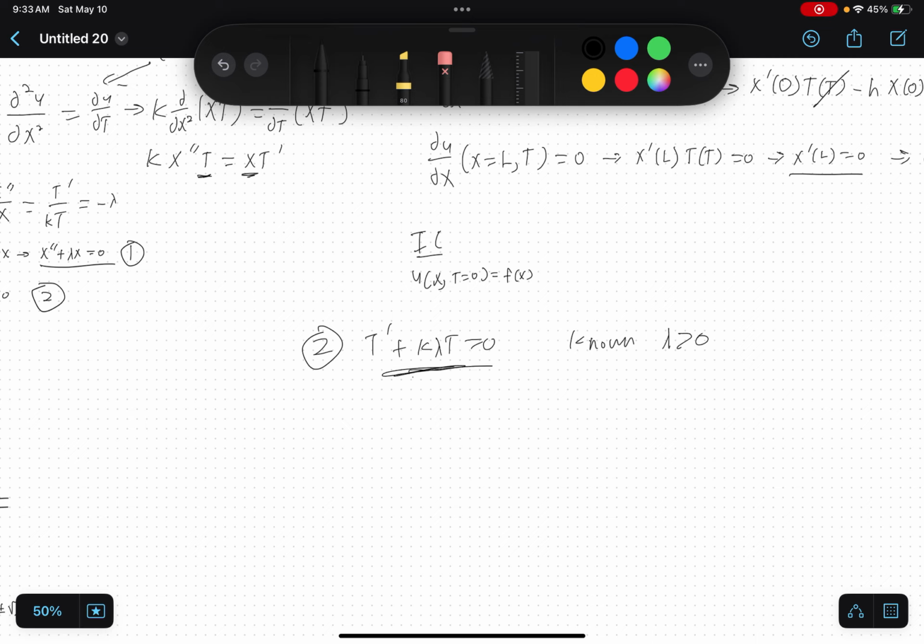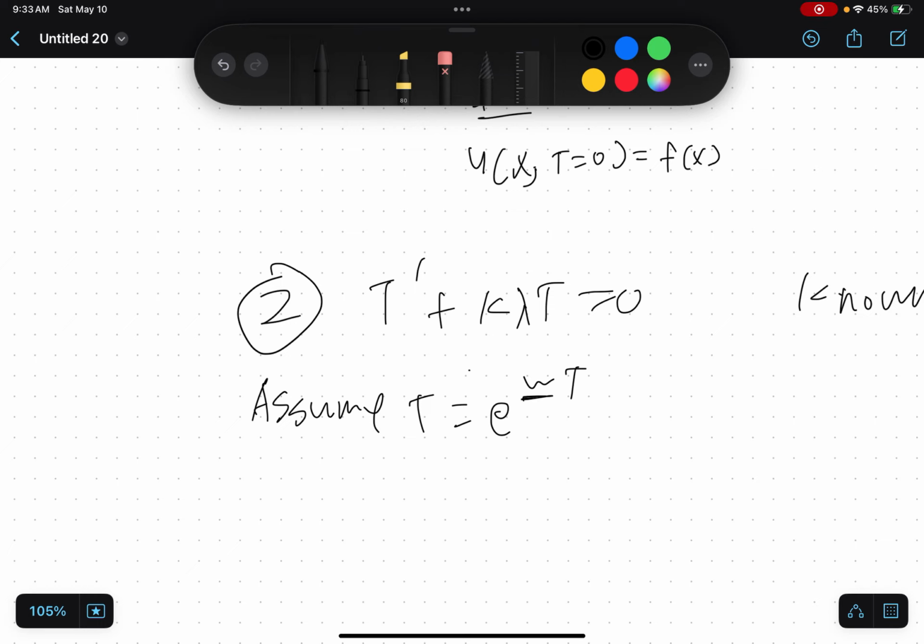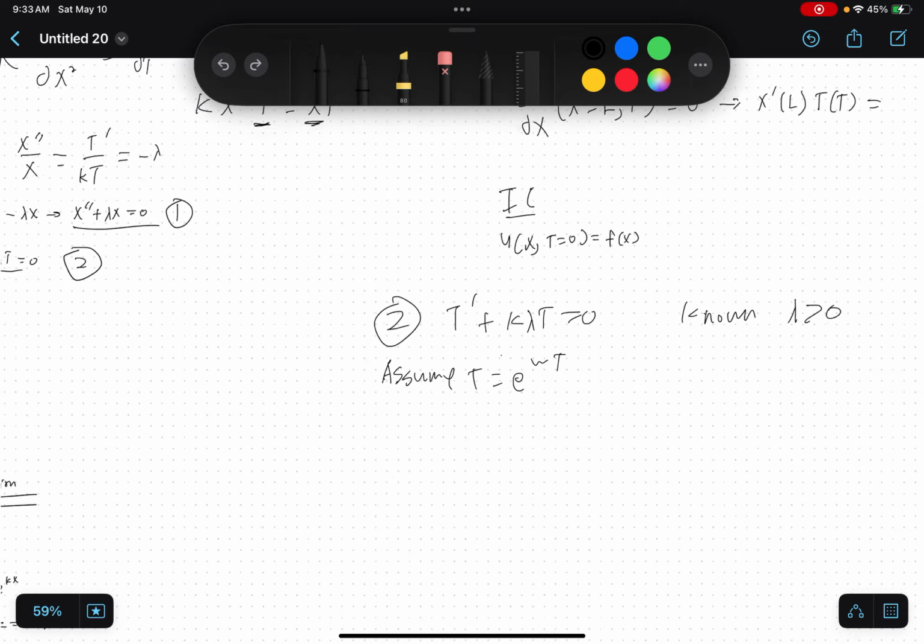So we can keep it in the same form. We don't have to add a negative, and lambda isn't 0, so we're good. Normal stuff, let's assume that T is e to the wt. I chose w because lambda's taken, k is taken. You could pick whatever letter you want, but I just chose w.